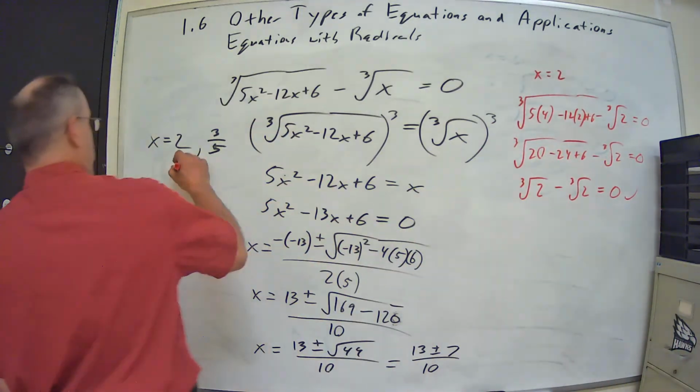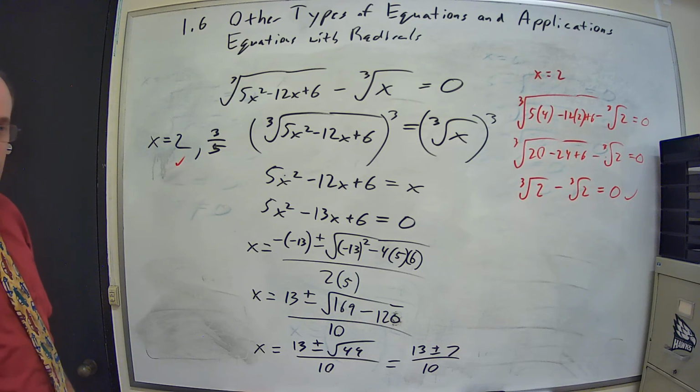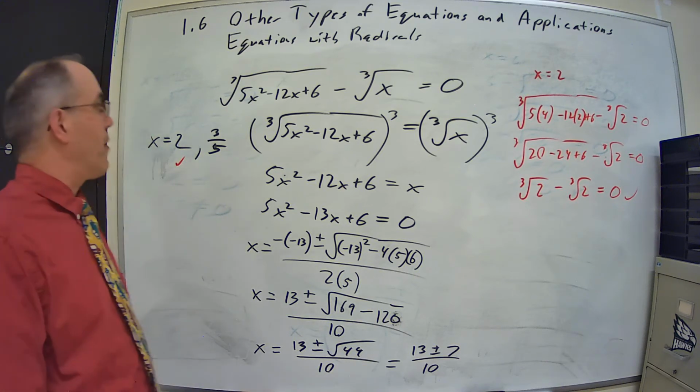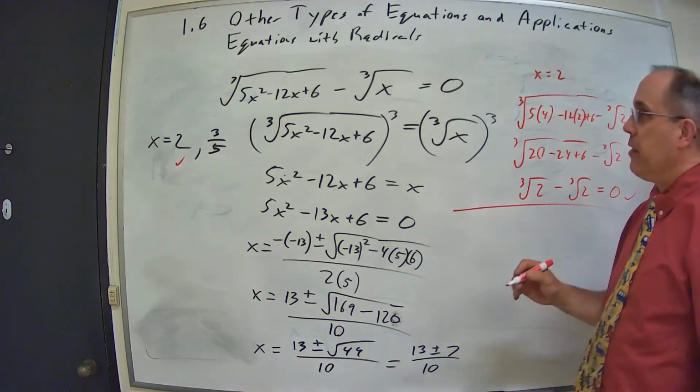So we like 2. The question is, do we like 3/5? And 3/5 looks like it's going to be just a little bit more work. Okay, so let's look at that one.